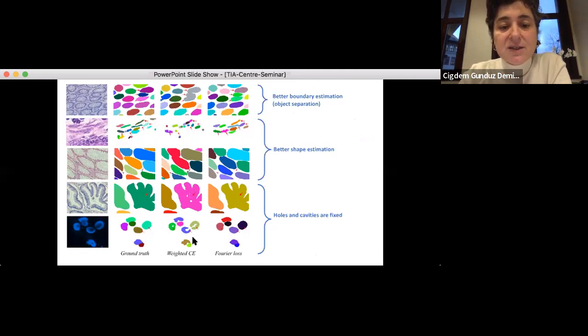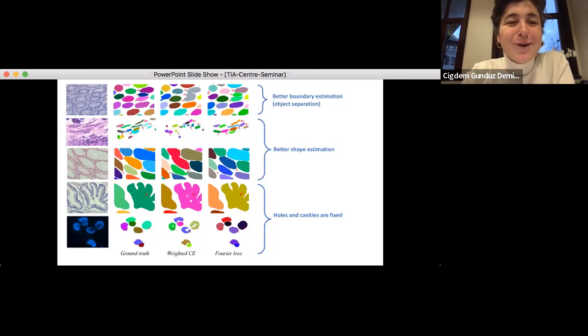These are the results obtained when a standard weighted cross entropy is used, and these are the results when the Fourier loss is used. We observed that we obtain better boundary estimations, and also better shapes when we are using that Fourier loss.